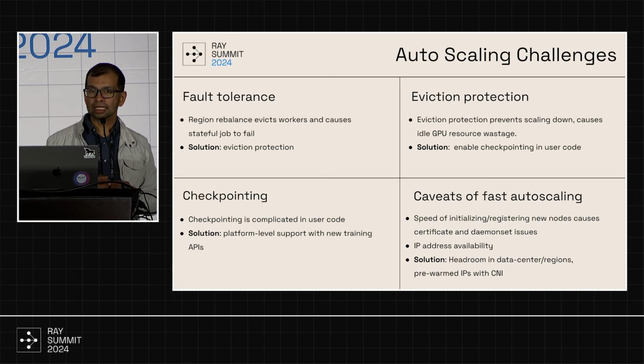And when we resolved that problem, the next problem was that fast upscaling creates its own problems, where node initialization starts surfacing different issues, such as the certificate management is not quite ready, or the IP address availability is not quite there.